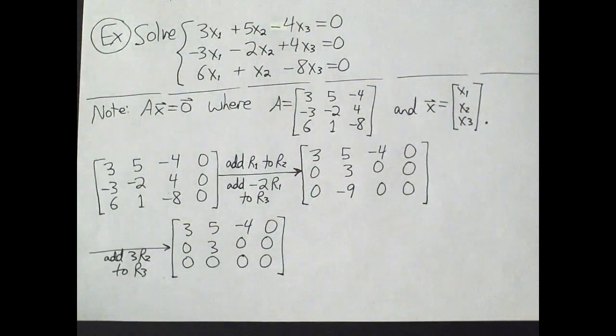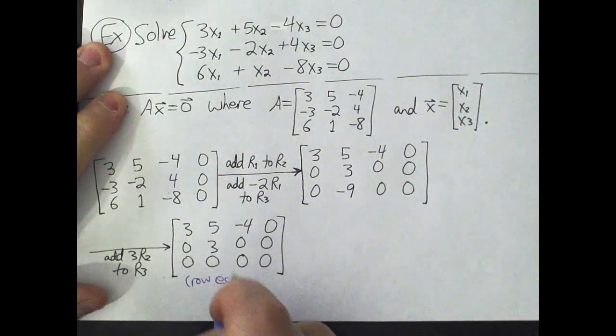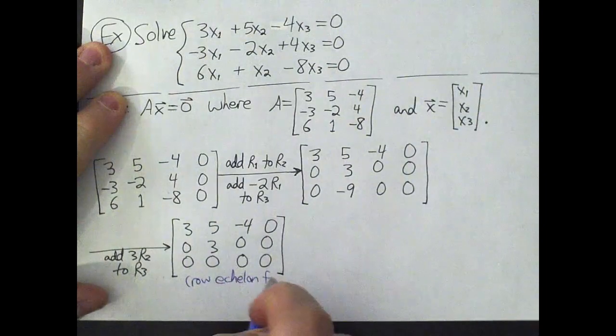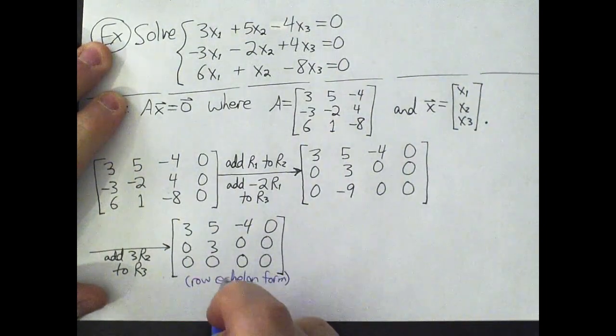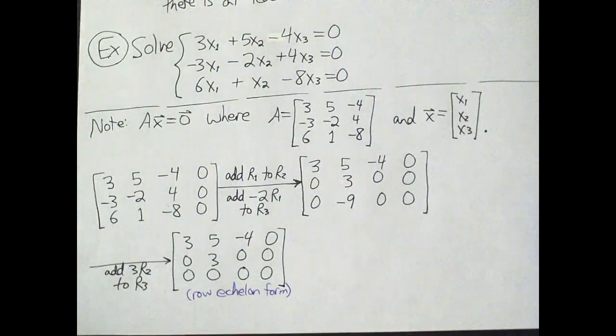Now, technically, this matrix that I just arrived at is in row echelon form. What we just did was Gaussian elimination. This is not reduced row echelon form. We'd have to go a little further for that to happen. But we can see the pivots, the pivot positions where this 3 is and where this 3 is.